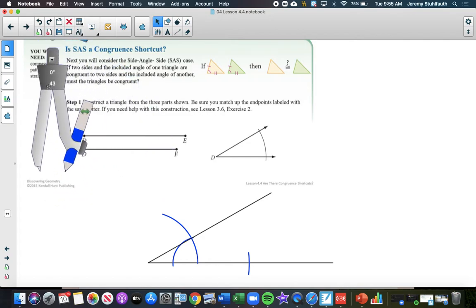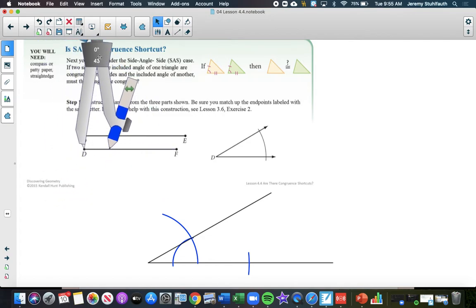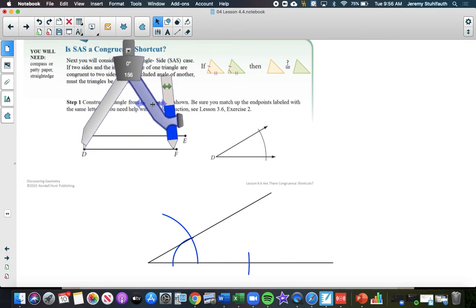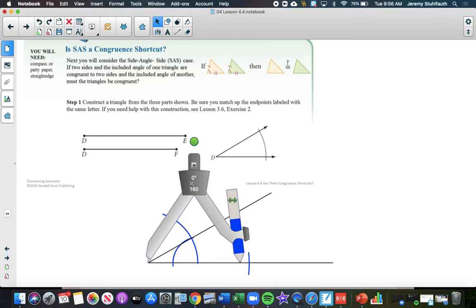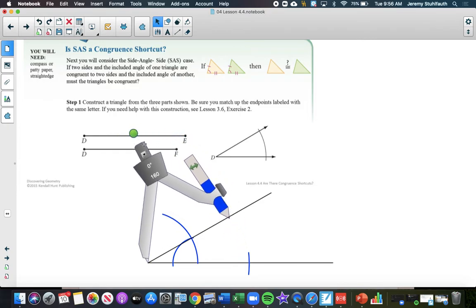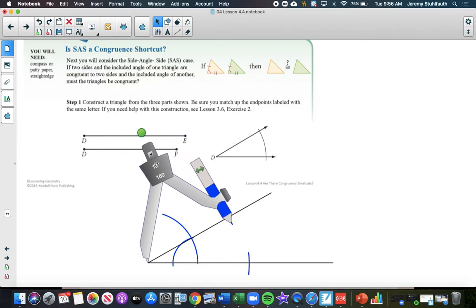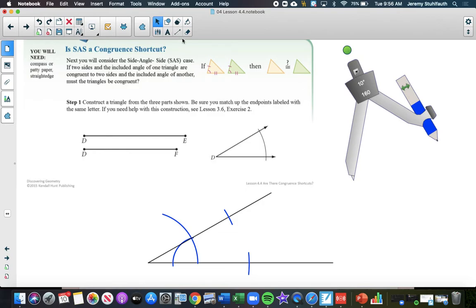So here we go, D and F. DF is going to be on this side of the angle over here. We create that, and then we draw in our side that connects those two endpoints.